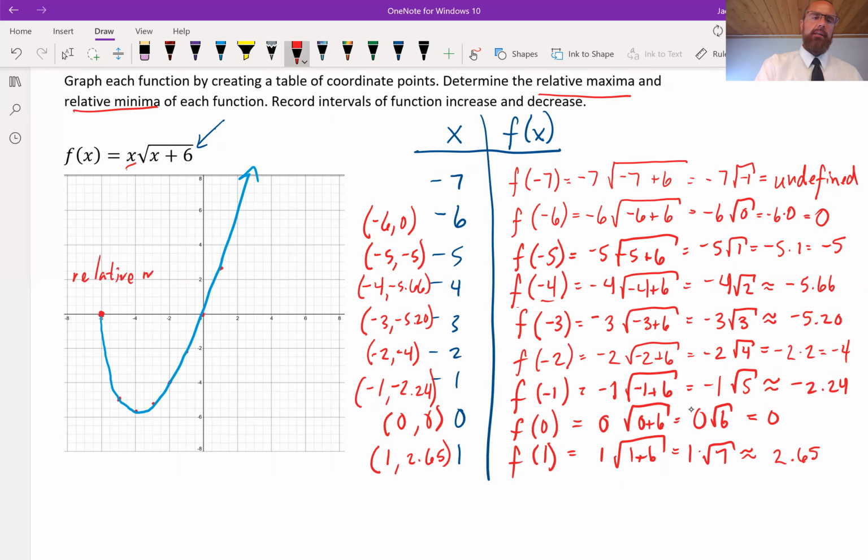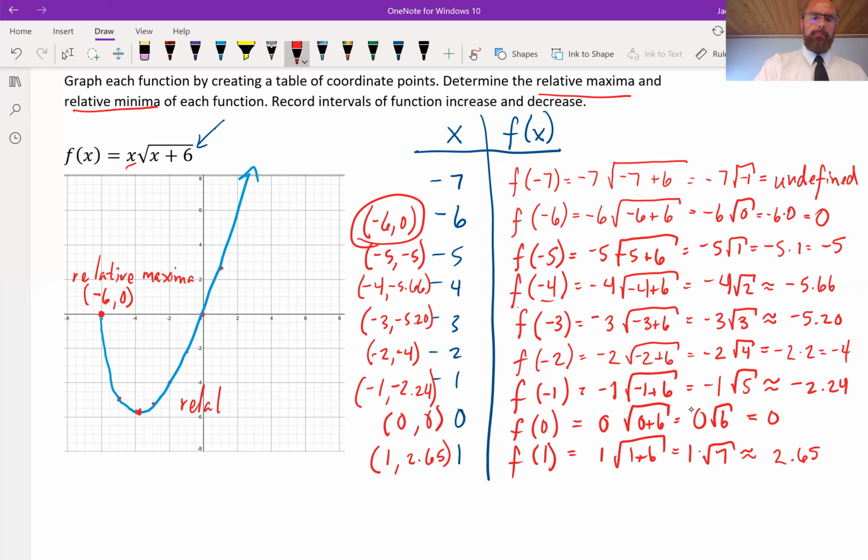It's relative again because this whole right-hand branch is higher than that left-hand point here at negative 6, but it does represent a high point on the graph. So I'm going to put the point negative 6, 0, just based on our table of values. That's the first point where this function is defined. We also seem to have a relative minima down here at the bottom of that fishhook.